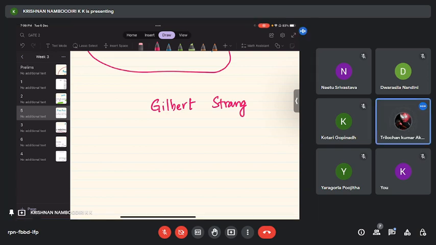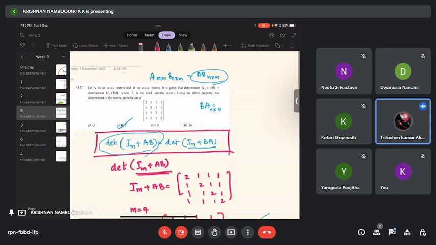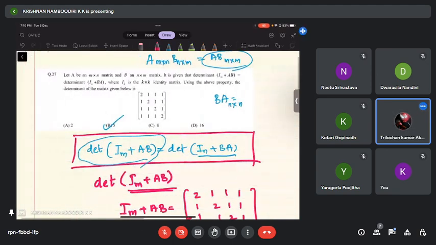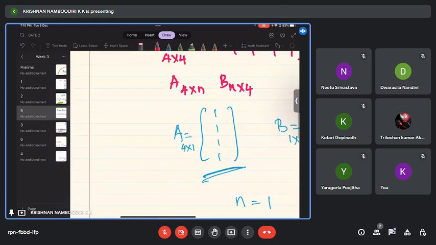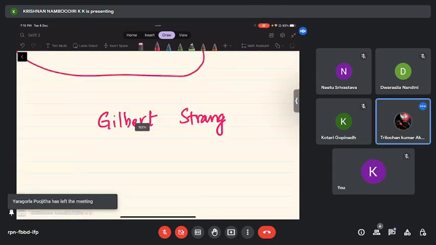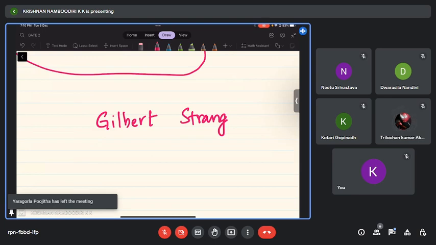Sir, and these tricks, some few tricks you have used, like linear dependence, linear independence, everything. Those things will be in this book, Linear Algebra by Gilbert Strang.